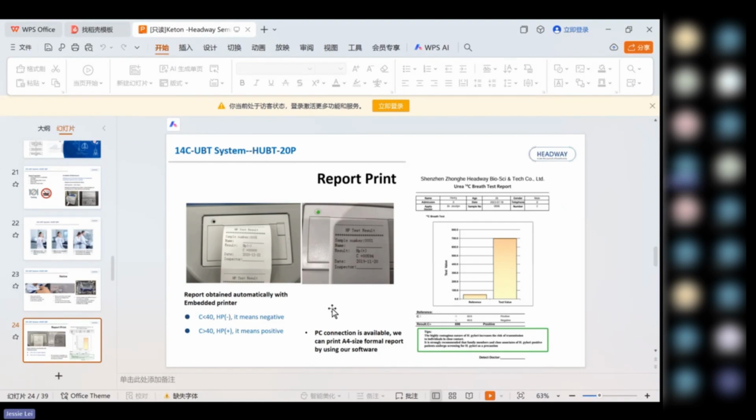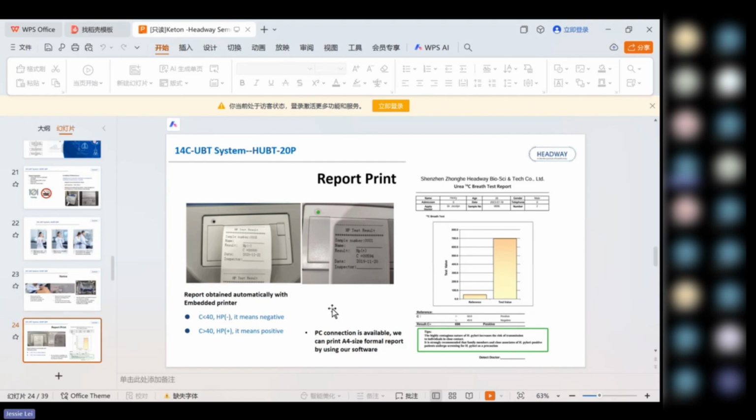After testing the collection card, our machine will give a result automatically with the equipped printer. We use the C value to judge if the patient is infected or not. If the C value is less than 40, the HP is minus, which means negative.